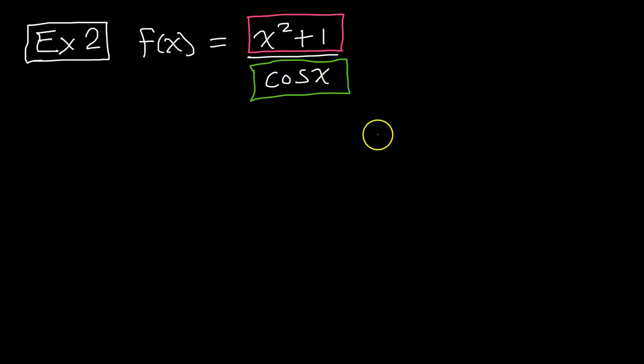And cosine of x, which just goes up and down forever, we know that cosine is everywhere continuous. So if we make a quotient of these two continuous functions, the resulting function will be continuous everywhere as long as the cosine x does not equal 0.